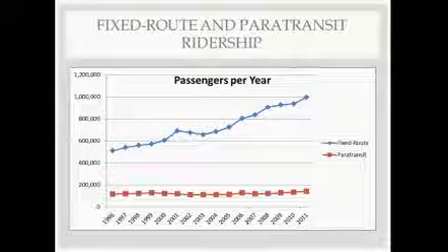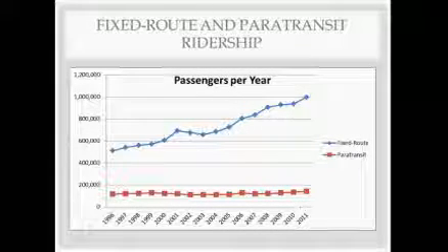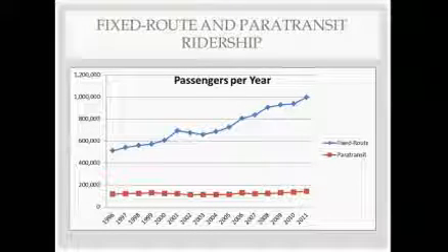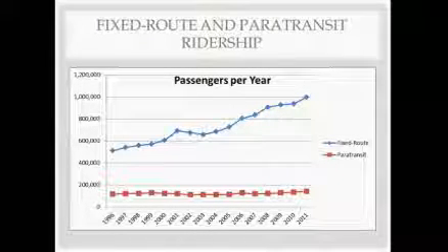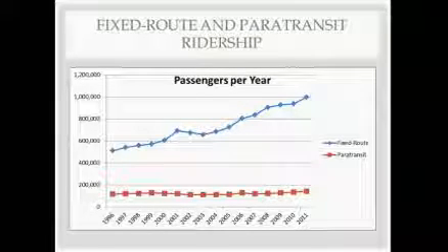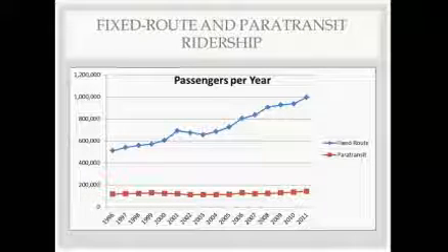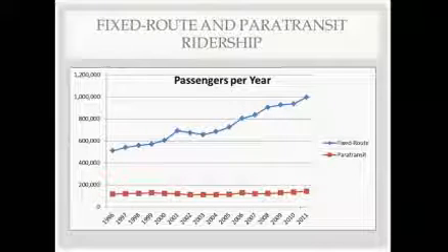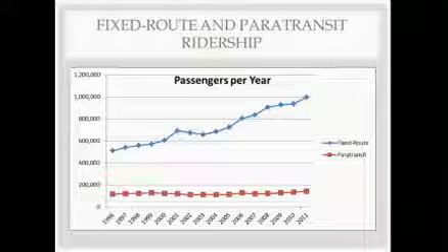There's still overall some capacity on many of the routes, although some of the routes are actually reaching capacity. On paratransit, it looks like it's static, but we are seeing about a 5% increase lately on our paratransit service. It just doesn't show nearly the amount of increase that we've had on our fixed route.